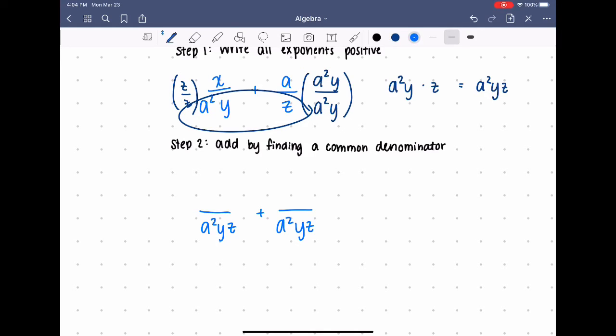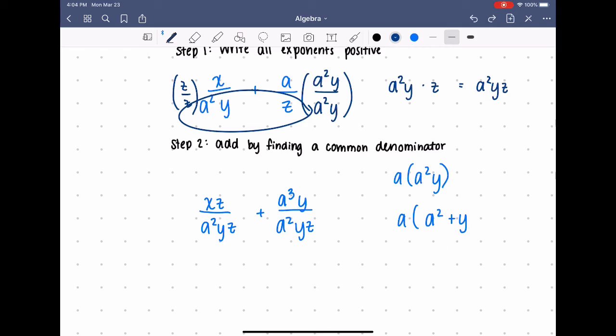My new numerator for the term 1 is x times z. And the second one, I have a times a squared y. So I put it over there just so you see what I'm doing. I'm just going to take the a and pop it into there. So a squared y times a just gives me another a, so it'll be a cubed y. Now I have 3 a's and a y. If it was something like this, where it said plus y in between, then we would have to do distributive property.